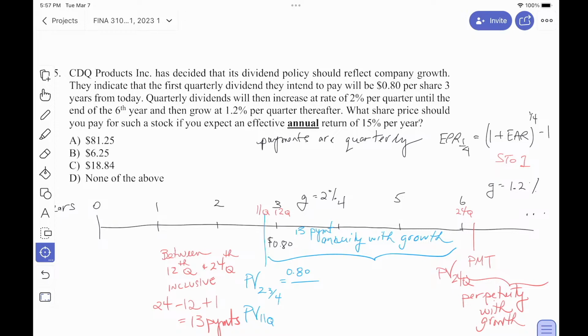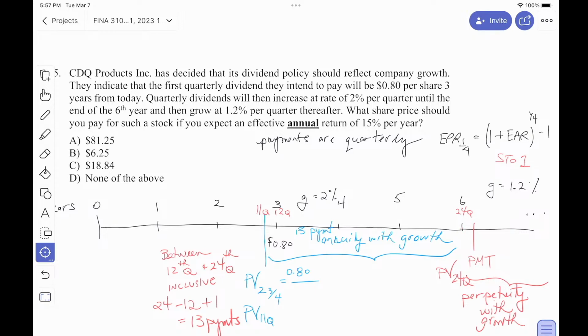In other words, there's 11 intervals of growth, right? Because it starts with 80 and then the growth kicks in. So there's 12 intervals, but the first one is where the growth kicks in. So you're going to have a power 11 over here on this one.